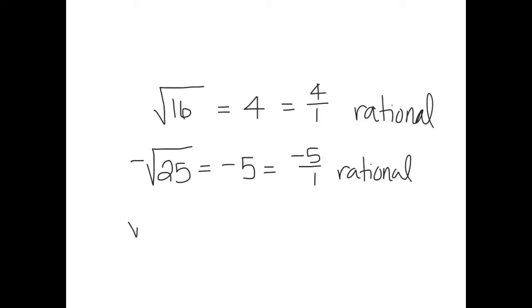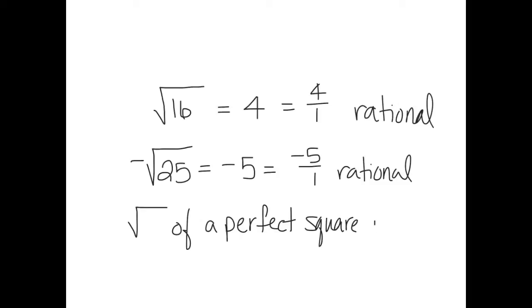So the square root of a perfect square is rational. And then we also know integers, whole numbers, things like that are based off of integers. So we have an idea of what rational numbers are.